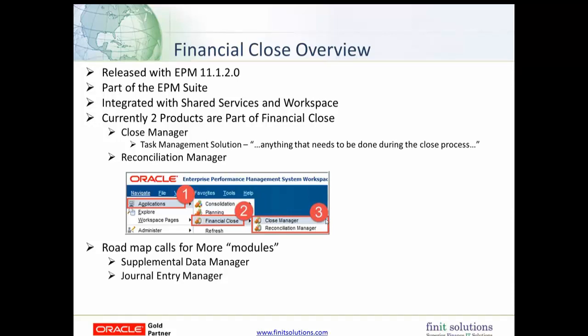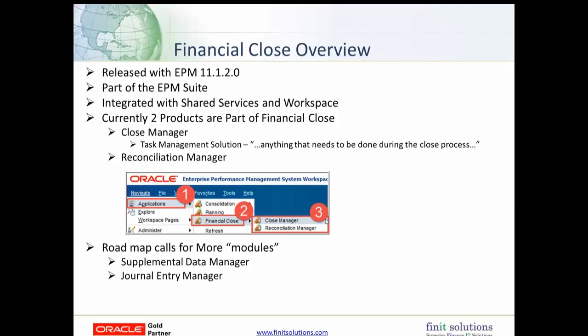Just a little bit of word about the roadmap here. They are calling for more modules inside the Financial Close suite. The 2 that are currently slated for future releases are something they're calling Supplemental Data Manager, which is more of a tool to collect non-normalized data, so things that maybe don't fit into your HFM model, or random spreadsheets that tax collects with a bunch of fields and a bunch of text inputs and things like that.